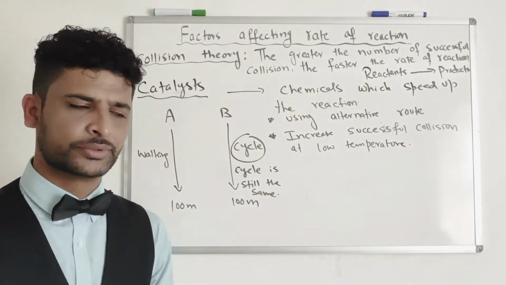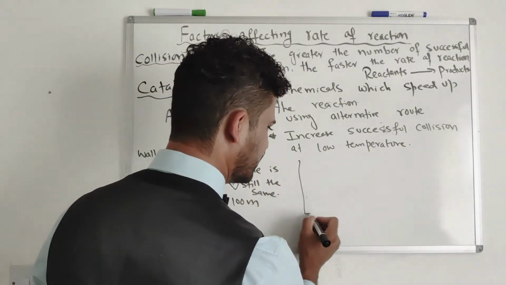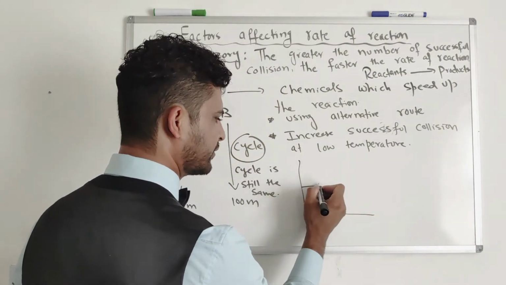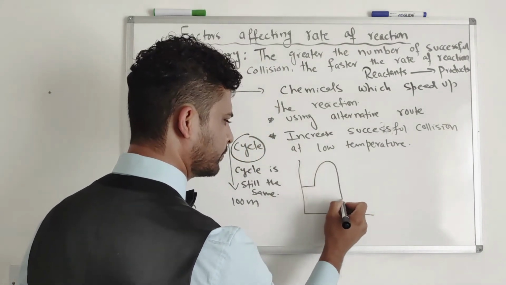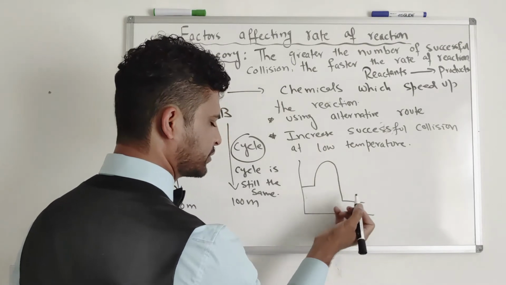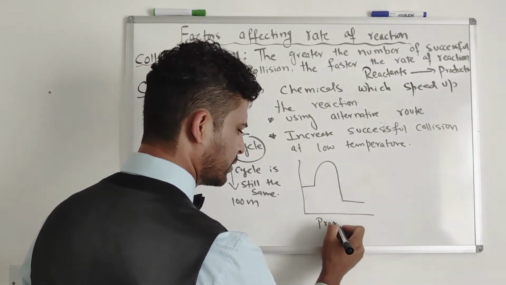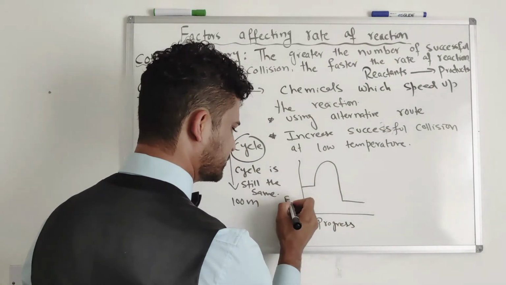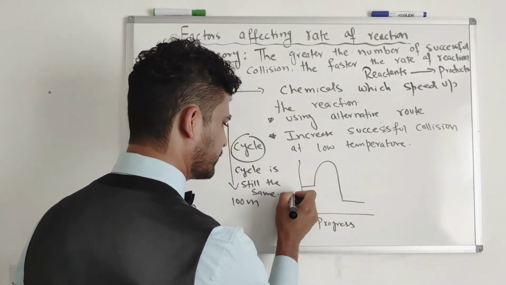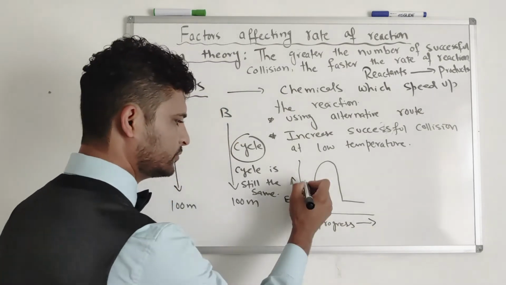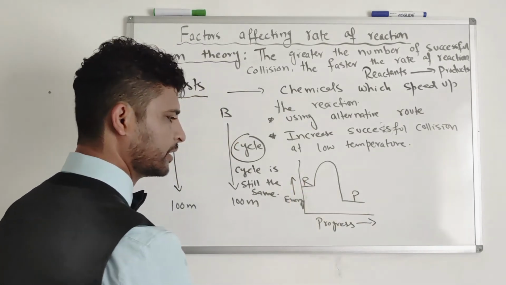So these are two things they do, and I have already explained that in one of the videos. If this is the reactant, and let's just say it's an exothermic reaction, and this is the progress, and this is the energy, this is reactant, and this is product.